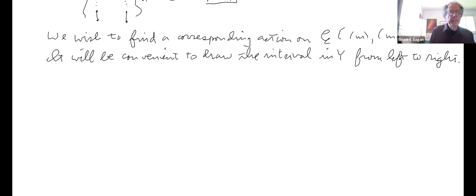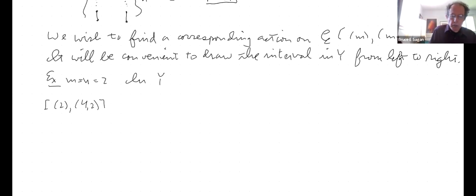Okay, so let me do a quick example. Again, we're going back to our canonical example where M and N are equal to 2. In Young's lattice, we want the interval from 2, 2 to 4, 2. We start off with 2 elements, and now we want to add boxes until we get to the partition that has 4 in the first row and 2 in the second.